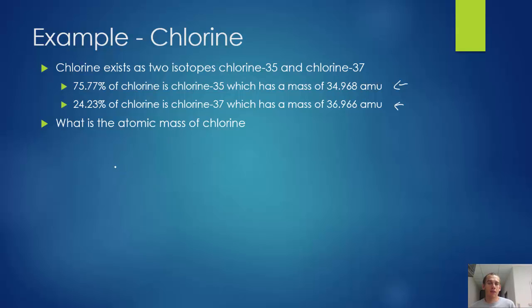To get the atomic mass of chlorine, we're going to take 0.7577, that's this percent, times 34.968, plus 24.23, except we want to convert that to a decimal, not a percent, so 0.2423 times 36.966.